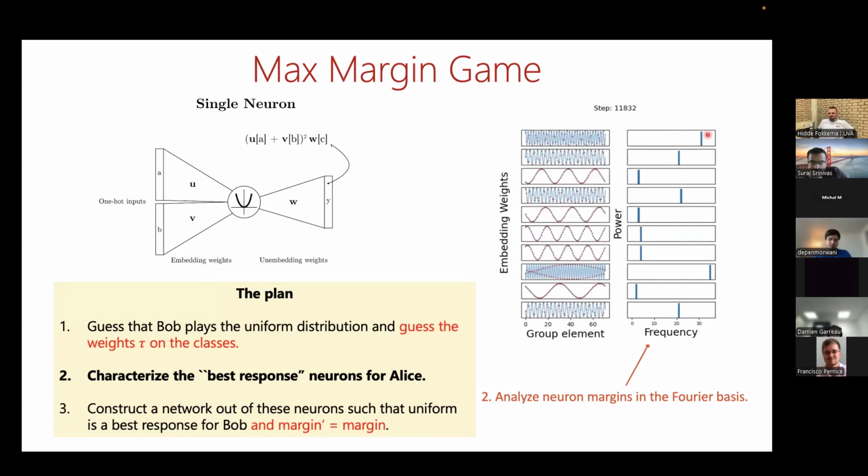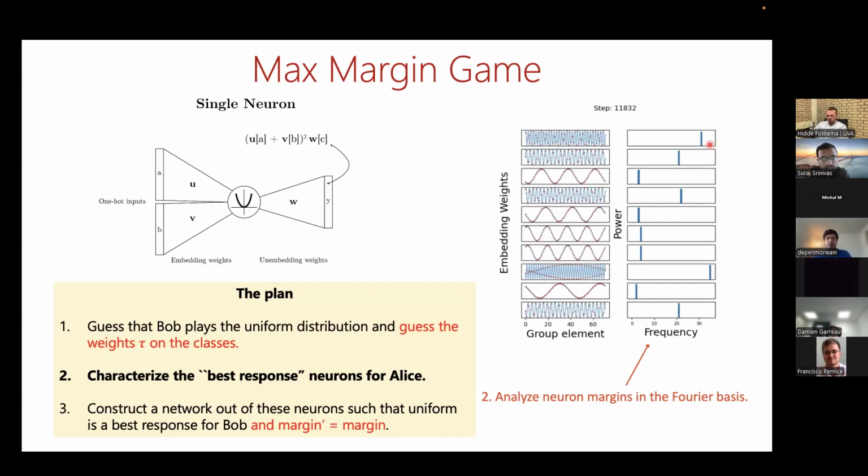What we have shown in the work is that if we place a uniform distribution on the data set and on the classes, we can show that one sparse frequency neurons are the only ones which maximize the margin in that case. And then we have given a construction using these one sparse neurons such that you have all data points and all classes on the margin.